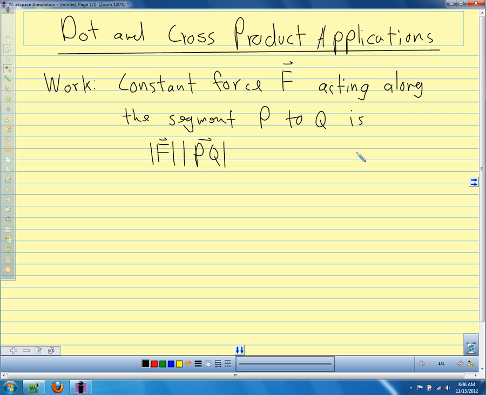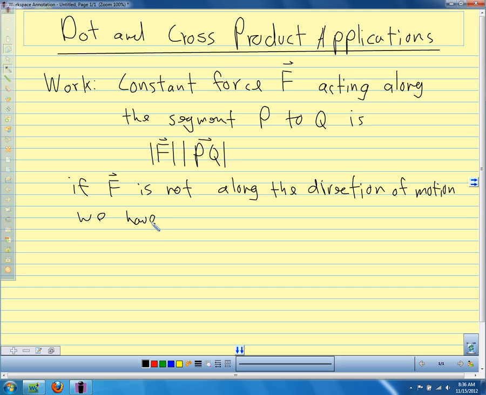If our force isn't along the direction of motion, I'll draw a picture. We have this situation. So here's our force. Here's our direction of motion.